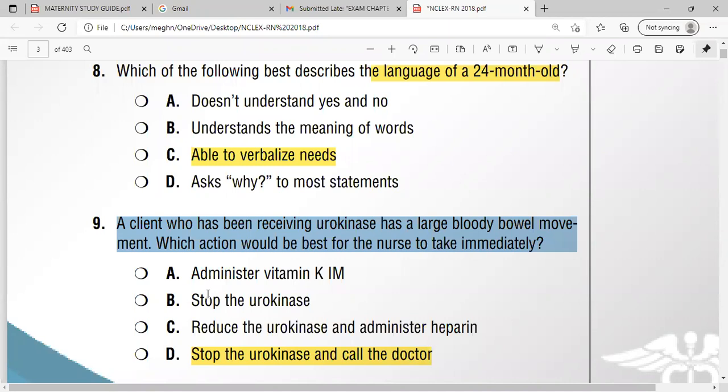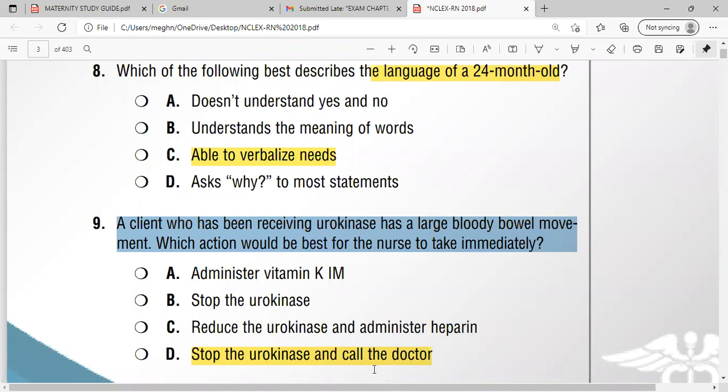So the option that only stops the urokinase is not correct, because simply stopping urokinase is not enough. Option D is stop plus call the doctor. More information is here, and we always choose the answer that contains more information.